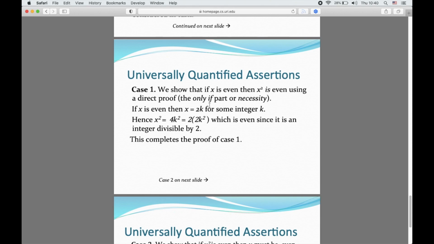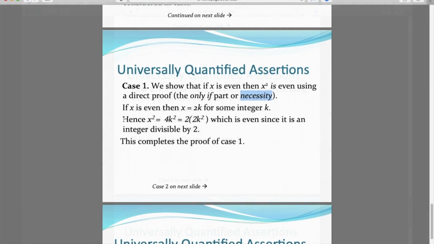The only if part: if x is even, then x equals 2k for some integer k, which we saw earlier in the College of Redwoods textbook. Hence, x squared is equal to 4k squared, which is another way of writing 2 times quantity 2k squared, which is even, since it is an integer divisible by 2. All right, boom. This completes the proof of case 1.